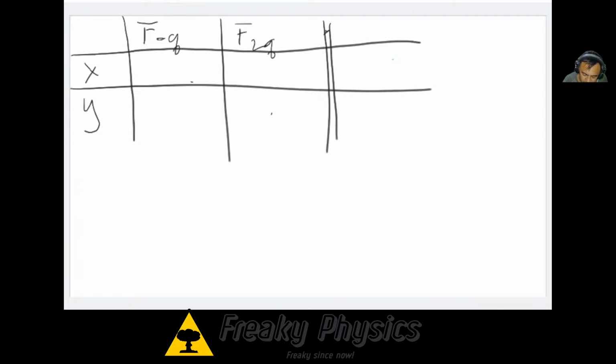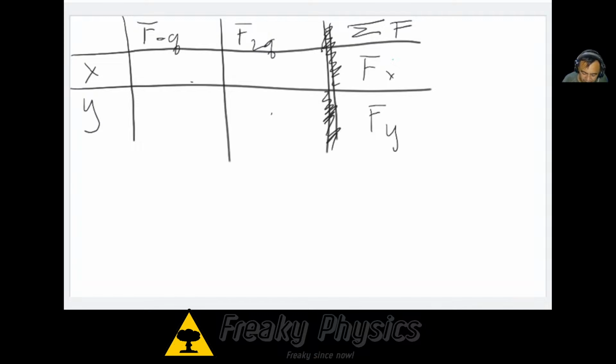I think I've shown you this trick before. The easiest way to do this now is, let's not say that's F, let's say that's the sum of the forces.